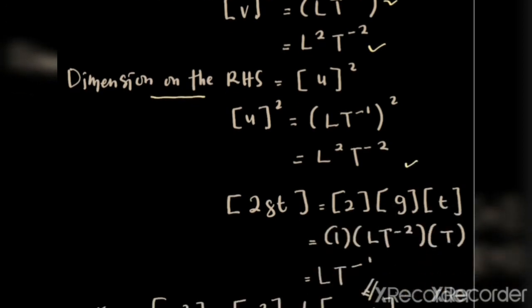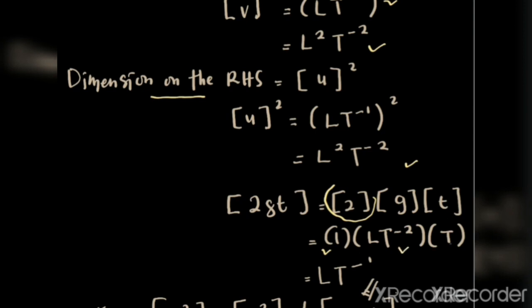For the second quantity, we determine the dimension for 2gt, which is the dimension of 2 times the dimension of g, gravitational acceleration, times the dimension of time. For 2, a dimensionless constant, the dimension is equal to 1. For g, gravitational acceleration, equal to acceleration, the dimension is LT^-2.